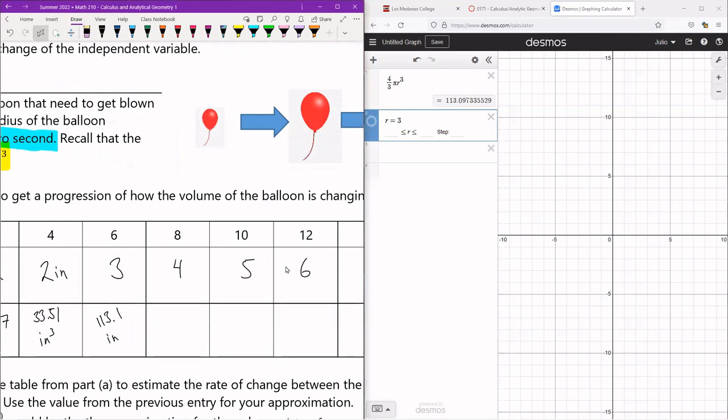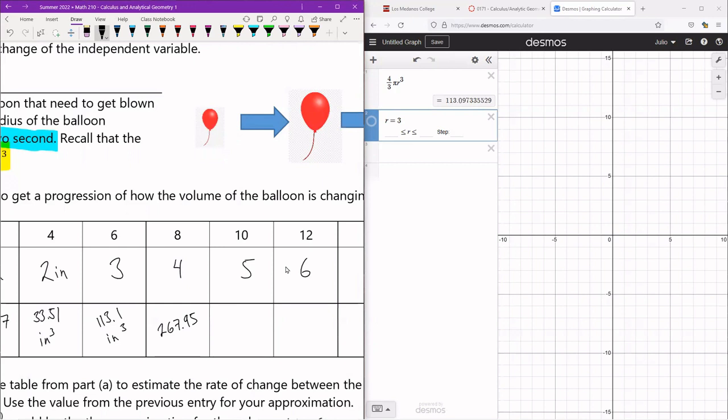113.1 inches cubed. Okay. So if we see what's going on here, if we keep doing this over and over and over again, we're going to get the following values. So the next one should be 267.95.